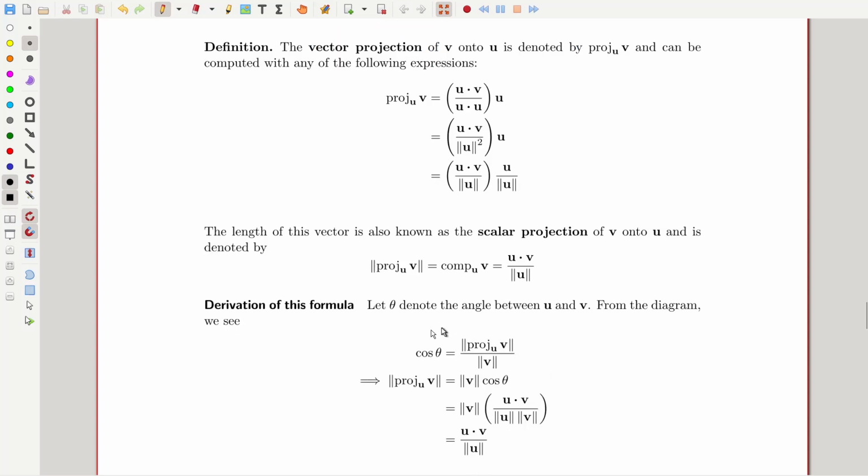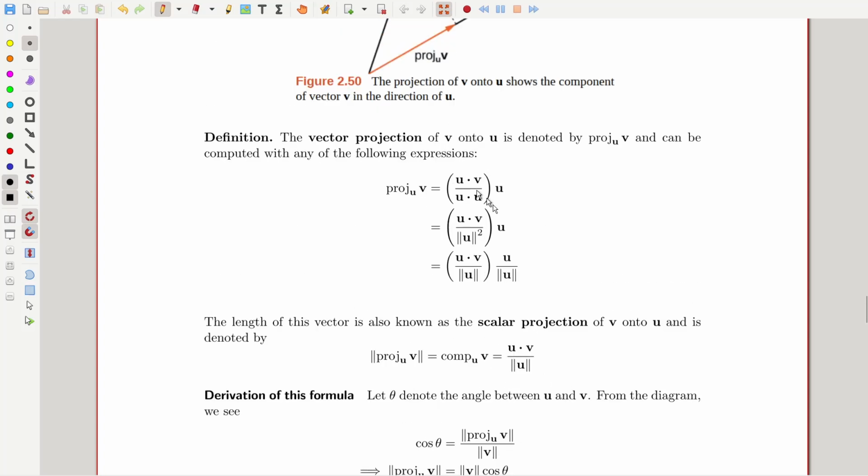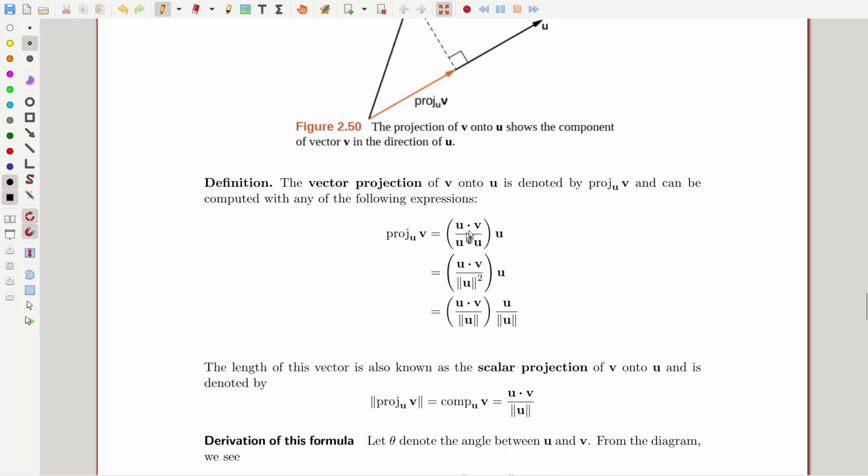Now I want to explain how we would get one of these formulas. But maybe before that, I want to talk through why these are all equal to each other. Perhaps one of the first two would be the ones that you would use to actually compute the projection of two vectors.